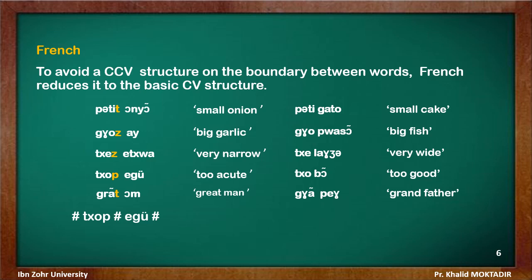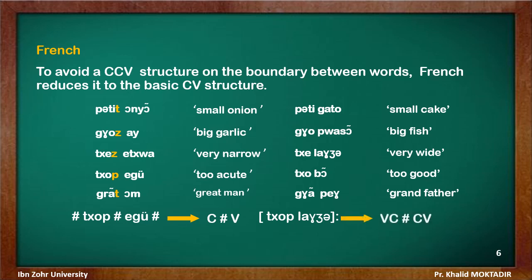So look at these with some detail here. Trop aigu. Look at the word boundaries. We have a C followed by a V. However, look at trop large.